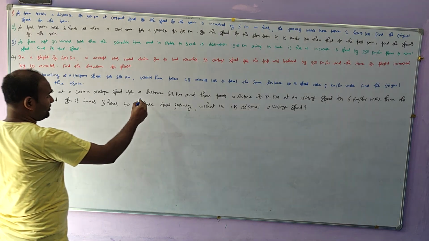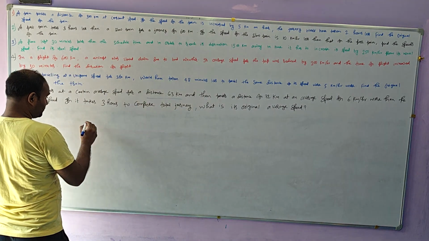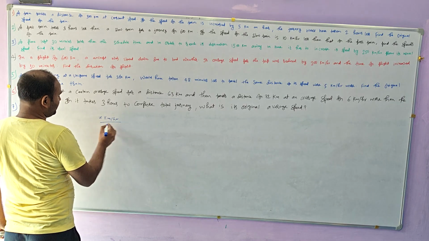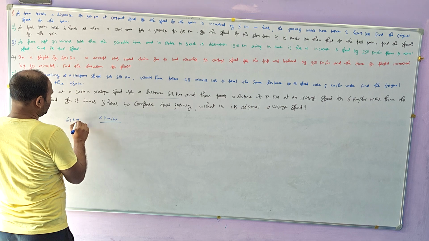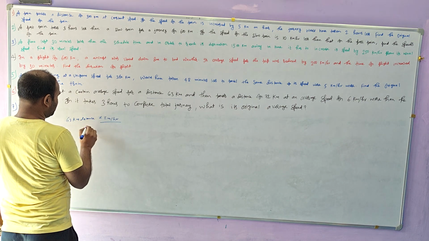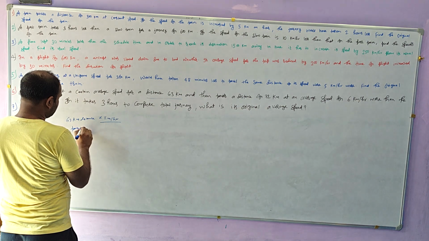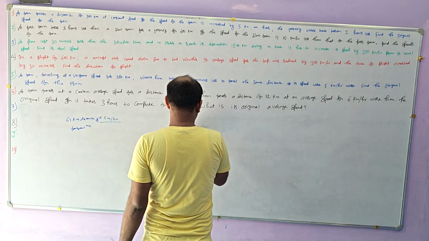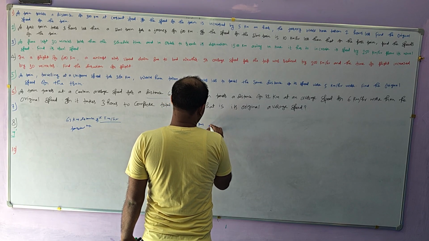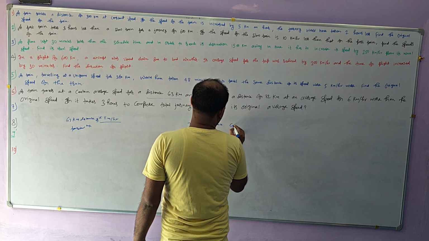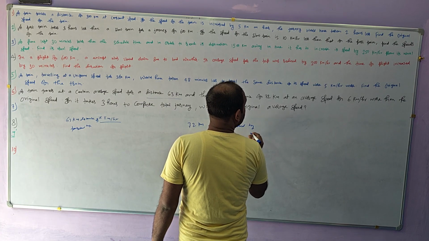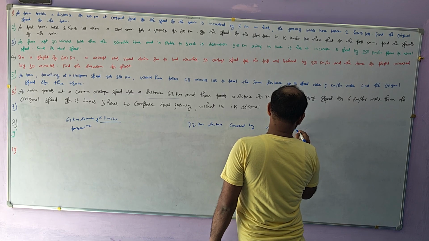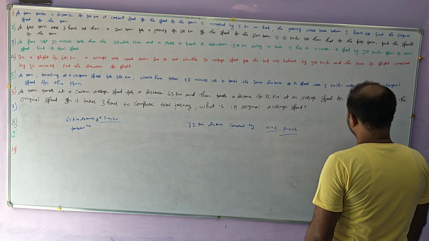Let this distance we travel be with x kilometer per hour. 63 kilometer distance traveled by x kilometer per hour, and 72 kilometer distance covered by x plus 6 kilometer per hour.